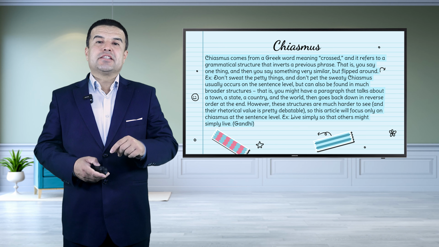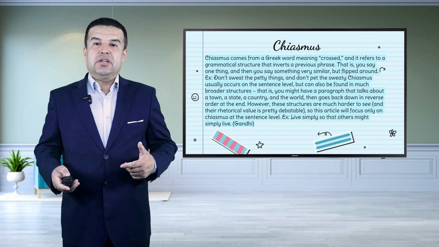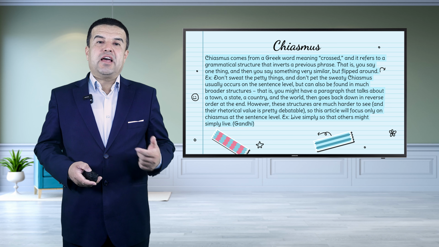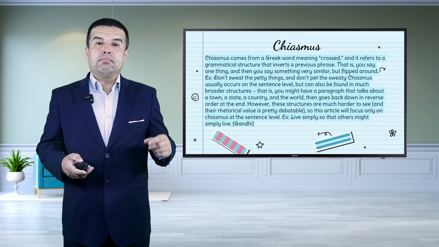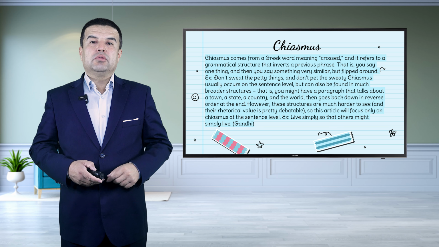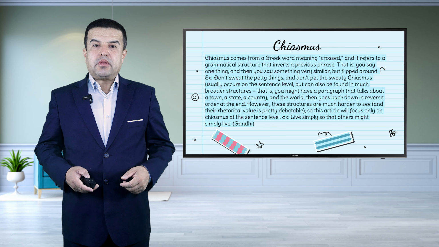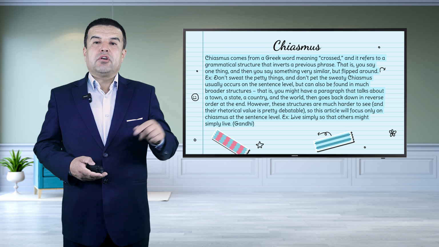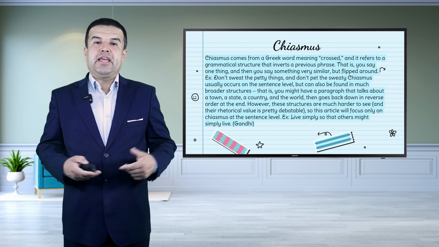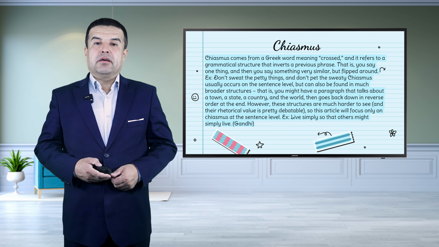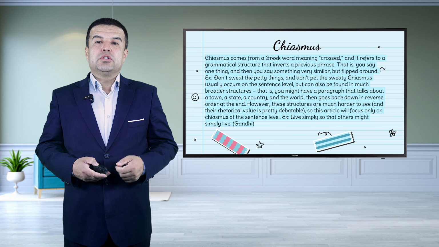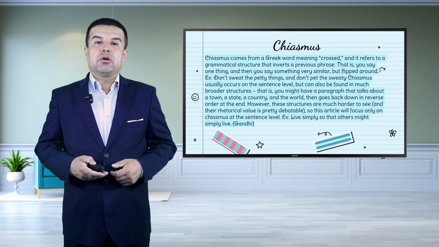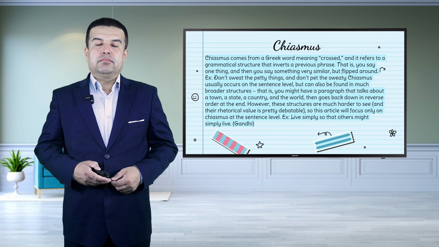Chiasmus usually occurs on the sentence level, but can also be found in much broader structures. That is, you might have a paragraph that talks about a town, state or country, and the words can go back down in reverse order at the end.